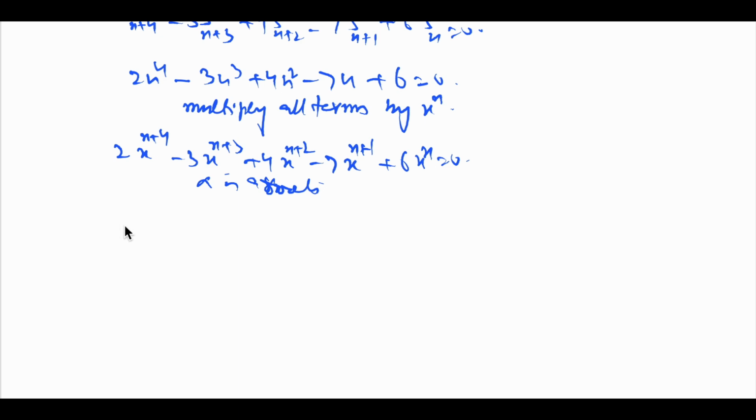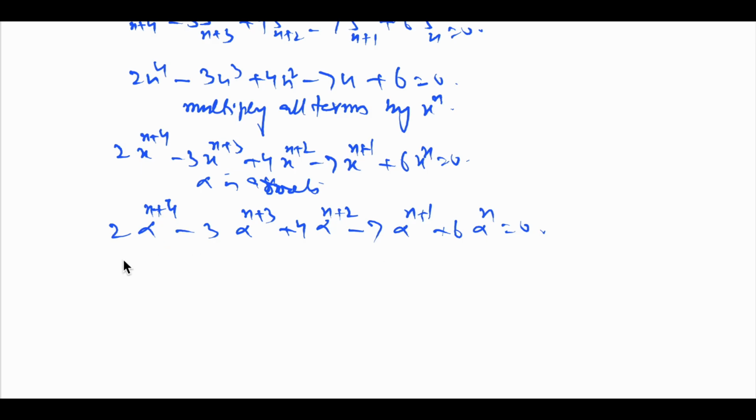So I can say it's 2 alpha power n plus 4 minus 3 alpha power n plus 3 plus 4 alpha power n plus 2 minus 7 alpha power n plus 1 plus 6 alpha power n is equal to 0. If beta is a root, I can say 2 beta power n plus 4 minus 3 beta power n plus 3 plus 4 beta power n plus 2 minus 7 beta power n plus 1 plus 6 beta power n is equal to 0.